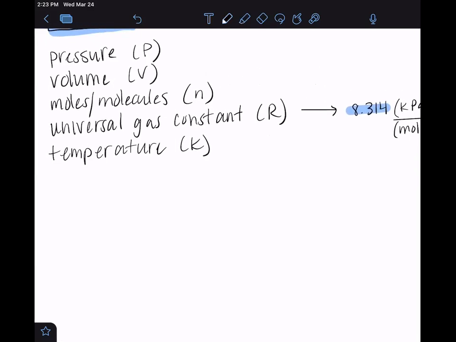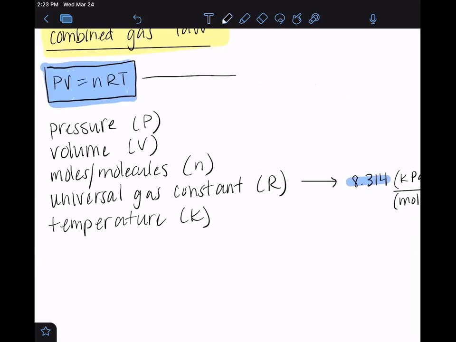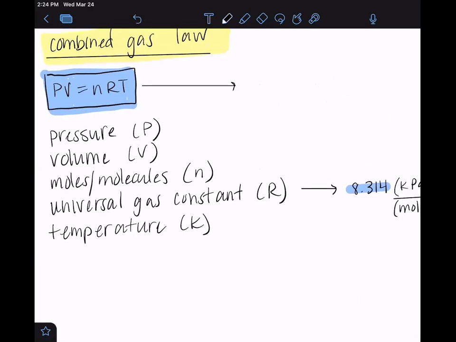All right, so now when we're dealing with this, this is how, like I said, we will write it originally. They write it as PV equals nRT, but I want to let you know that you could also write it a couple of other ways, right?